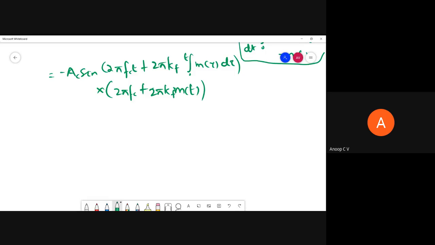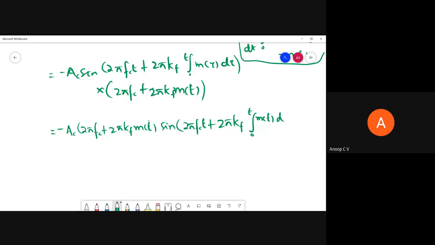So now I'll take all the envelope: minus AC, then 2 pi fc plus 2 pi kf into m of t, times sine of 2 pi fct plus 2 pi kf times integral 0 to t m of tau d tau. Please note it down along with me, you have plenty of time.